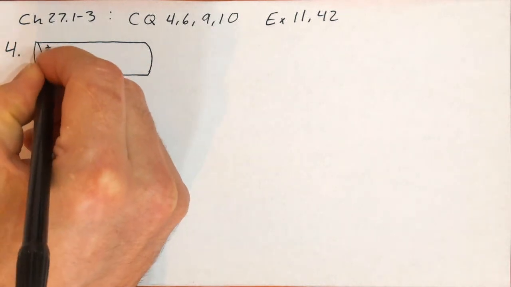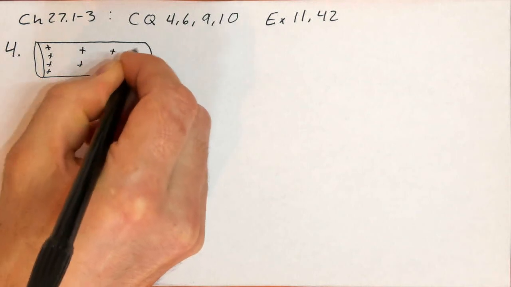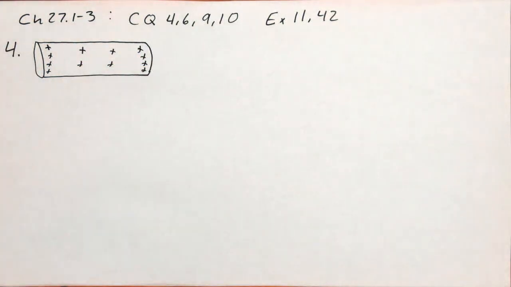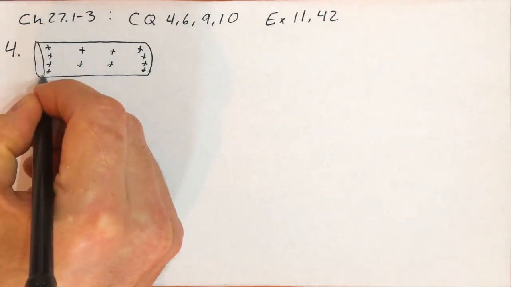This charge distribution of surface charges, what kind of electric fields would that cause? And you can see that there's more positive over here and less here.